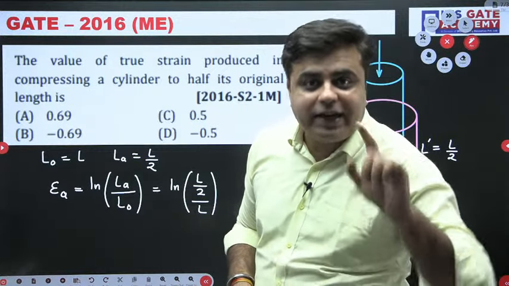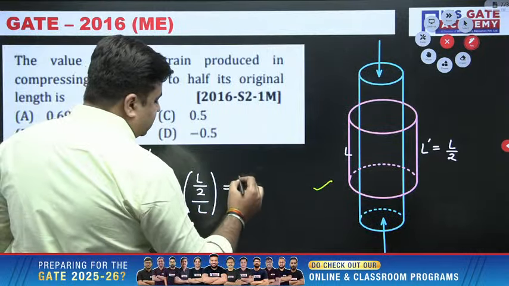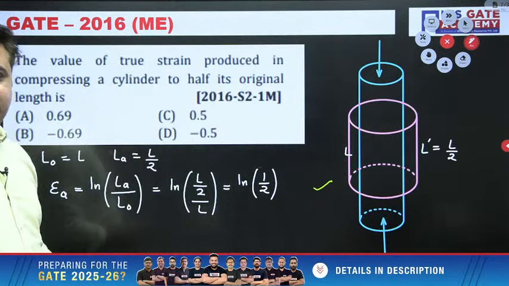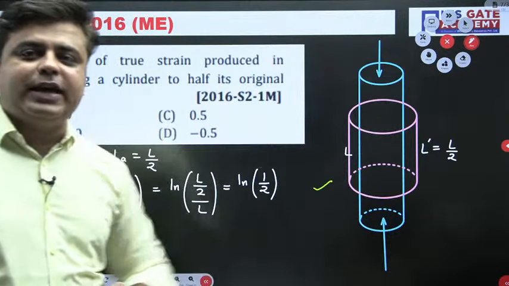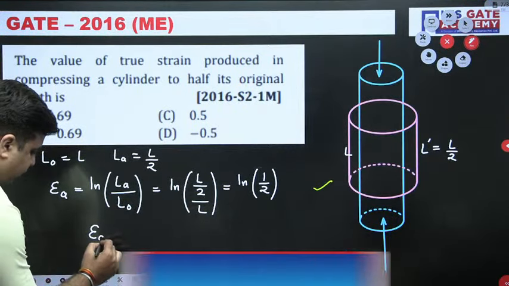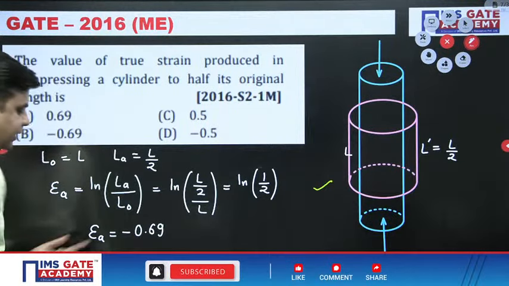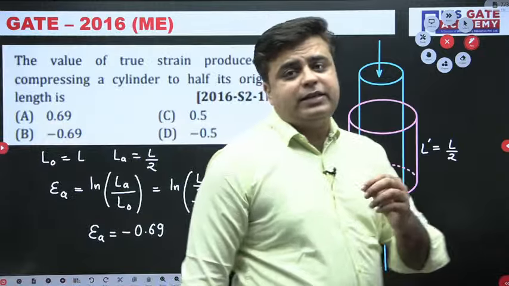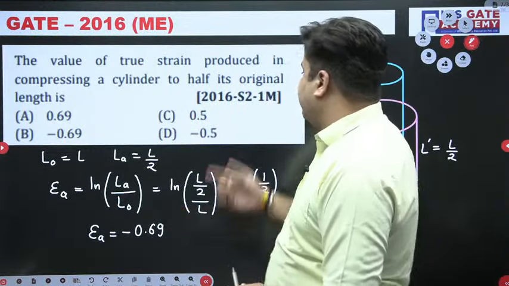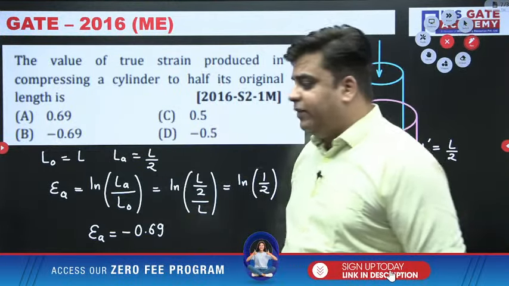It's an incorrect answer. Just give me the value of this. What is natural log of 1 by 2? One correct answer says natural log of 1 by 2 is minus 0.69. So minus 0.69 is your actual strain. Don't make this kind of mistake, I'm telling you. Please keep a check on these easy questions. It was a 1 mark question in 2016 for mechanical engineering. It's a very important question.